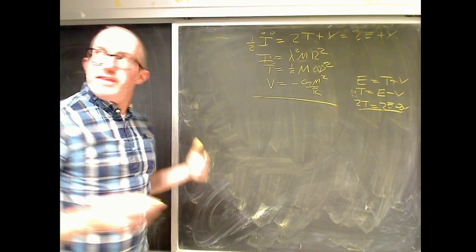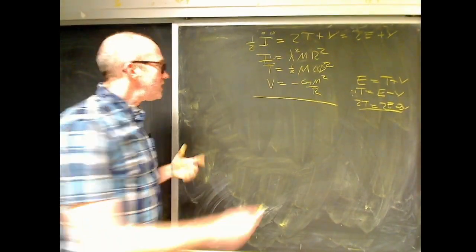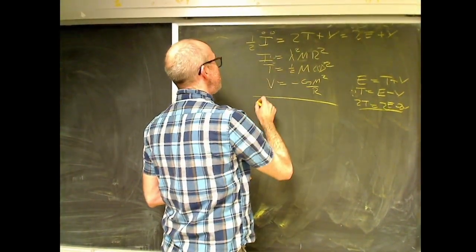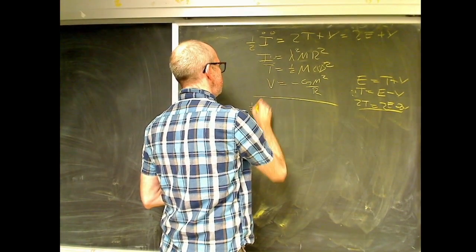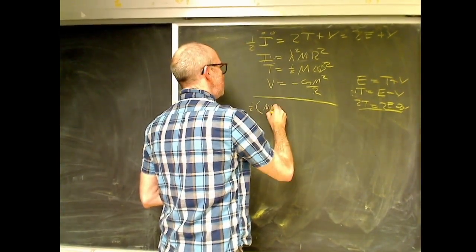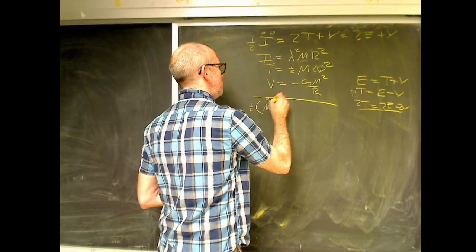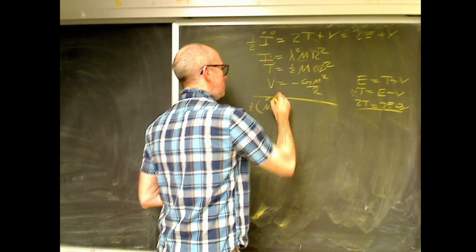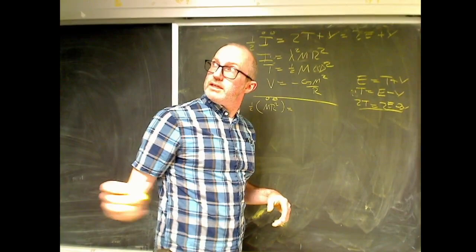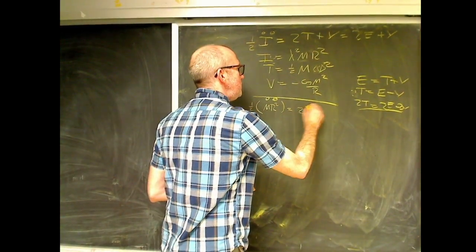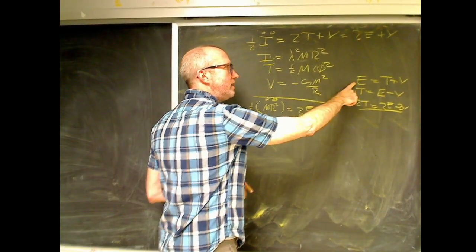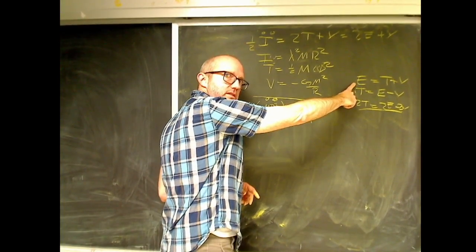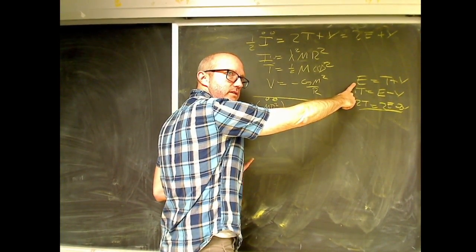We're going to divide through by M, and so we're left with one half I double dot, which is M R squared double dot, equals 2E over M. E is conserved, constant.